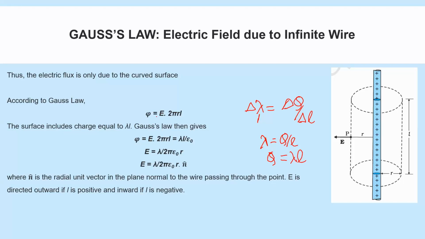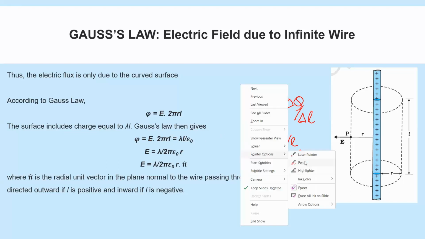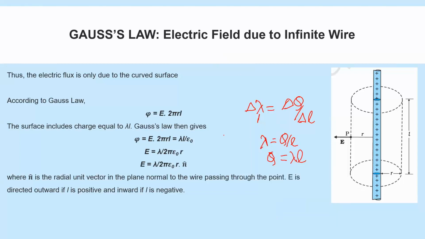Again, since we are considering a cylinder, E is going to be equal to lambda by 2 pi epsilon 0 R, and then you multiply it by 2 pi R L, and then you remove the common terms.